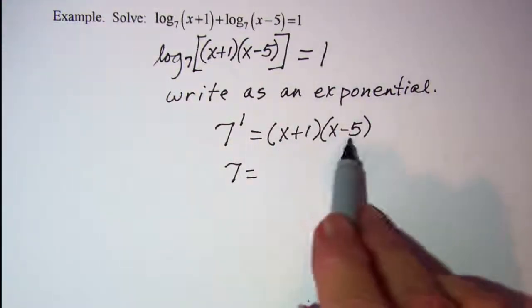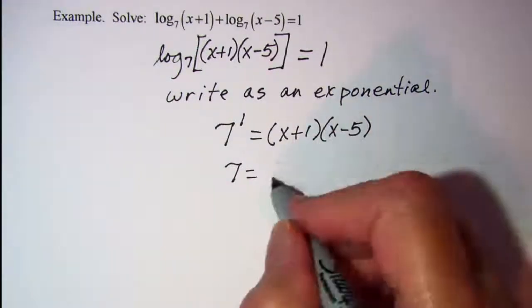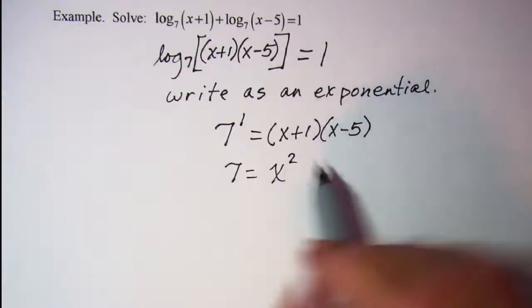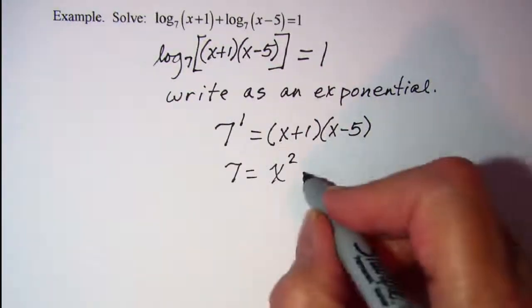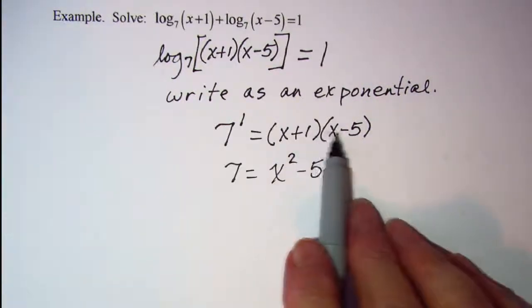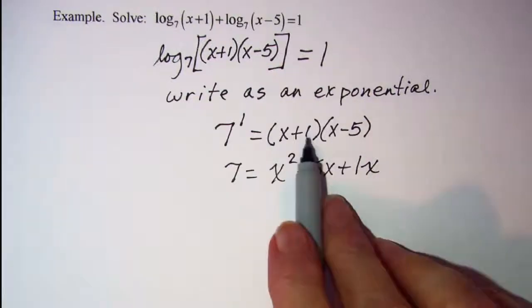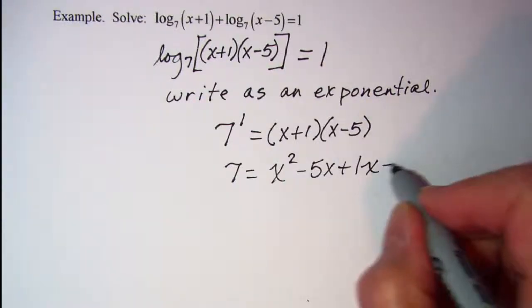We need to multiply this out, so using FOIL, x times x is x squared. X times negative 5 is negative 5x. 1 times x is 1x. And 1 times negative 5 is negative 5.